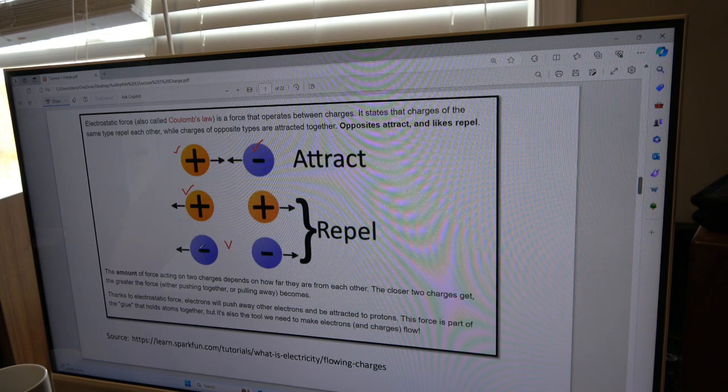If you had two electrons near each other of the same charge, they're going to repel. And again, the amount of force acting on the two charges depends on how far away from each other they are. Okay, this is electrostatic force.